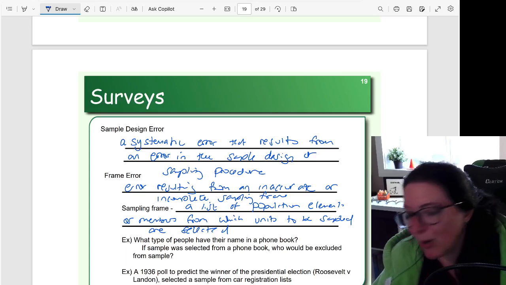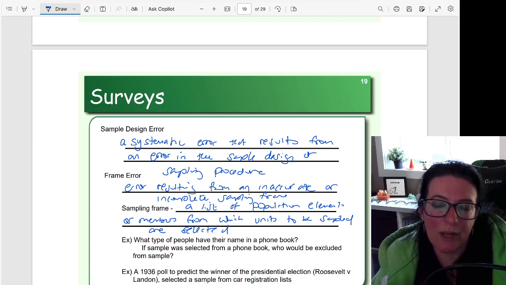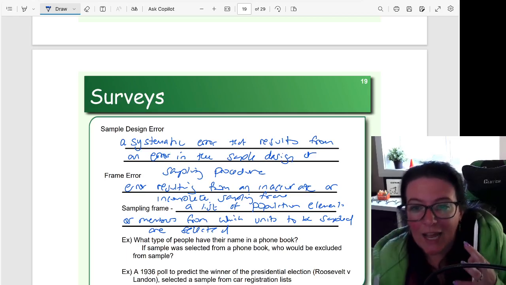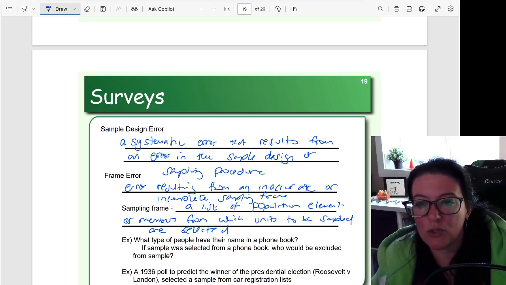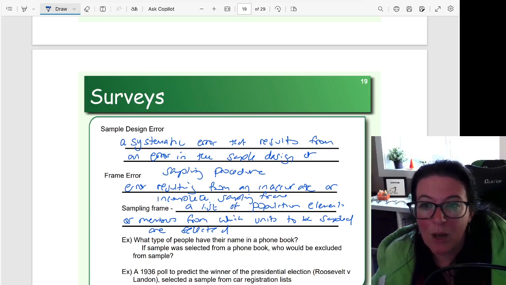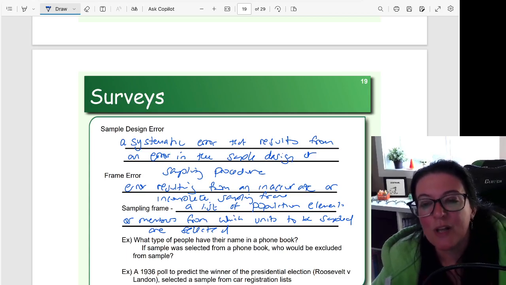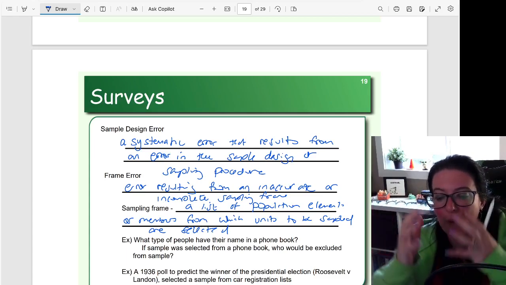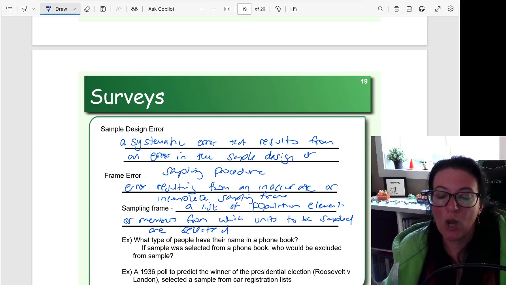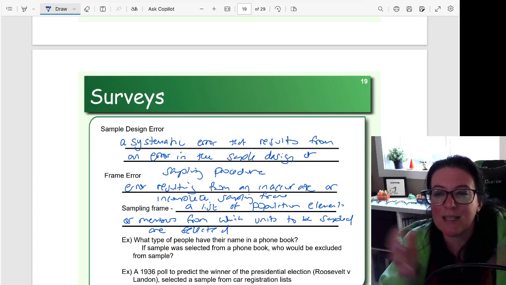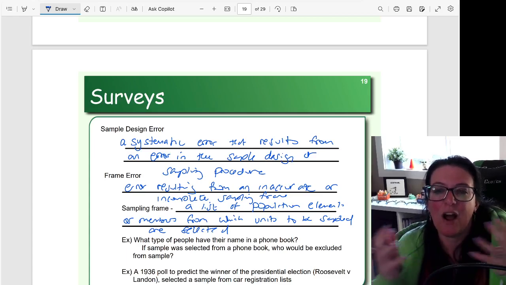Well, we don't even have phone books anymore, but there was a period of time in which there was a population with landlines, and so they were in the phone book. And then we had the population who had switched to mobile. Now we have smartphones. And so they weren't in the phone book. So there was a problem with the sampling frame, or frame error, because the source we were using to basically represent the people in the population wasn't everyone in the population, and it wasn't even a subgroup that was representative of the population.